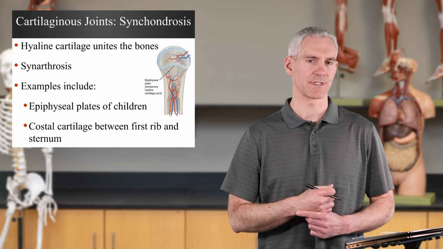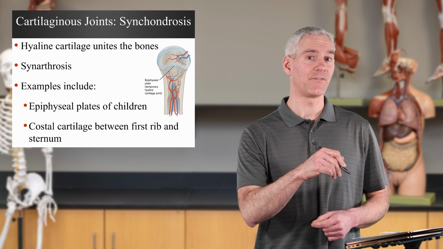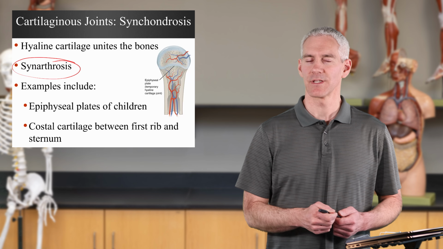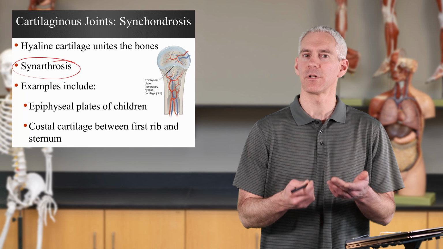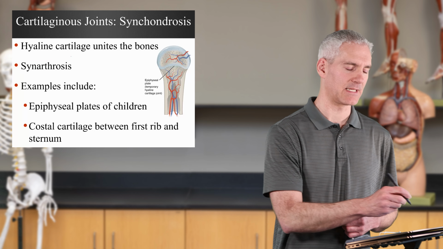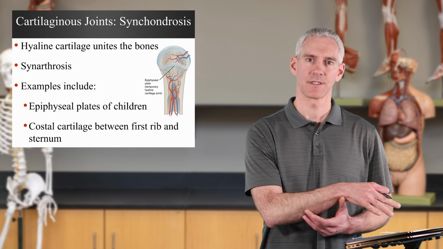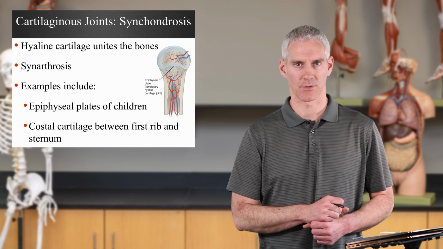So synchondrosis is the structural name, while the functional is going to be synarthrosis. Synarthrosis, really not movable. Might move a little bit here or there, but it's meant to be more stable and kept in place. So functional synarthrosis, structural cartilage, which is a synchondrosis.